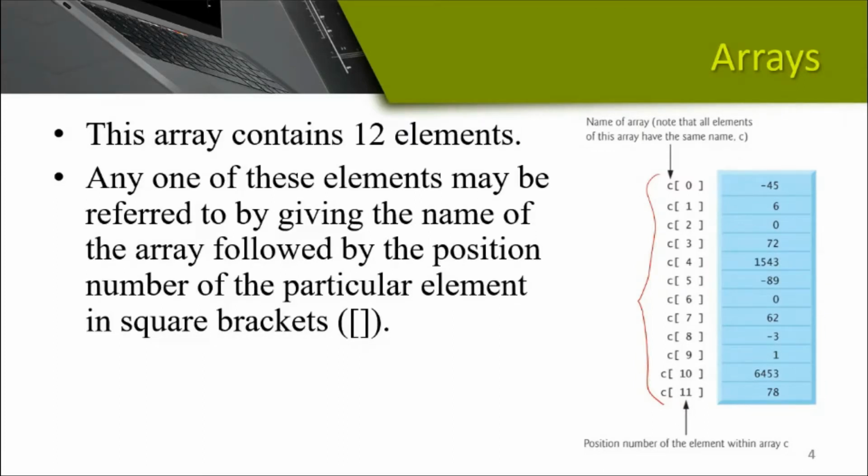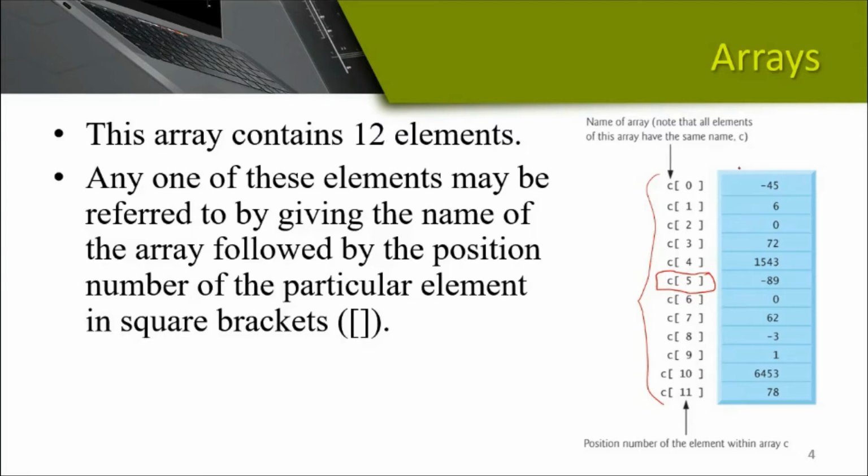In this particular array, there are 12 elements and the index varies from 0 to 11. If I want to get the sixth element in this case, I can refer to it as C[5], that is, C, then within square brackets 5.